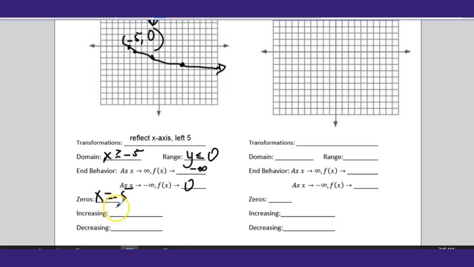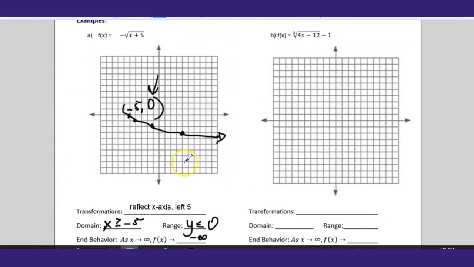Now, intervals of increase and decrease. Well, from right here, all we have is the graph going down, so there's a decrease. There's no increase whatsoever. So for increase, there won't be one. But for decrease, we'll say from the x value negative 5. All right, and it just decreases to positive infinity.